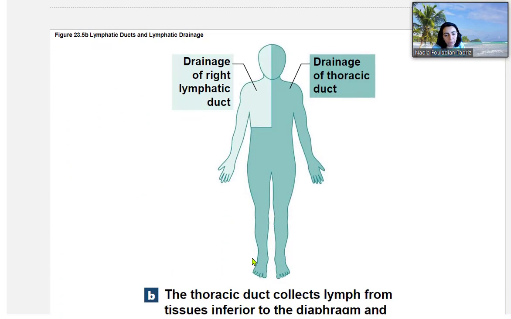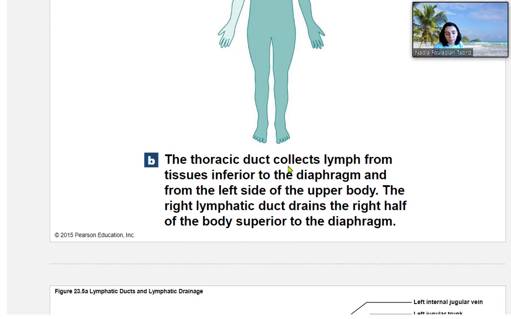And in this picture it is clearly shown. If you remember this picture, you should not have any problem remembering the drainage of the right lymphatic duct and all these parts that are the drainage of the thoracic duct.